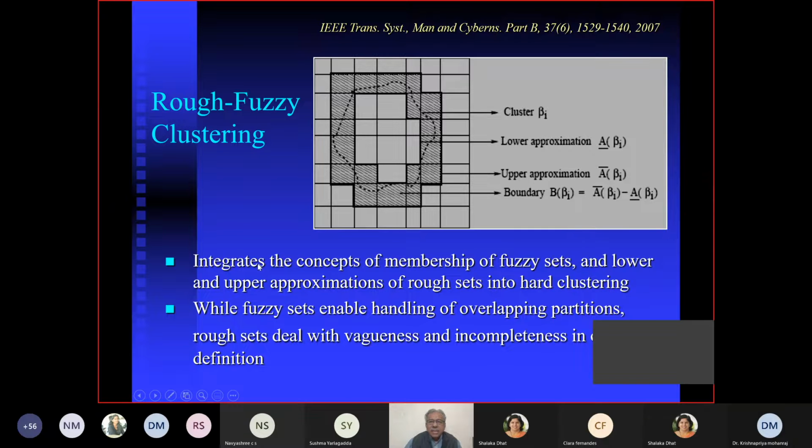I consider the cluster is fuzzy, and I consider that the set has a lower and upper region, which is definitely and possibly. While fuzzy sets enable handling of overlapping conditions, rough sets deal with vagueness and incomplete information.